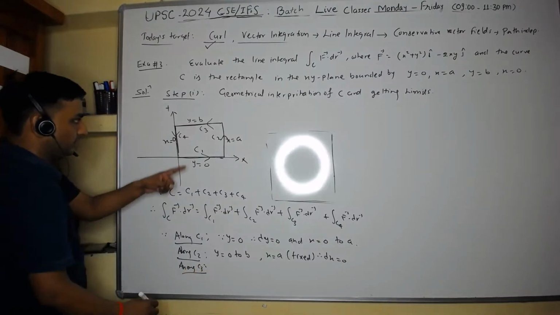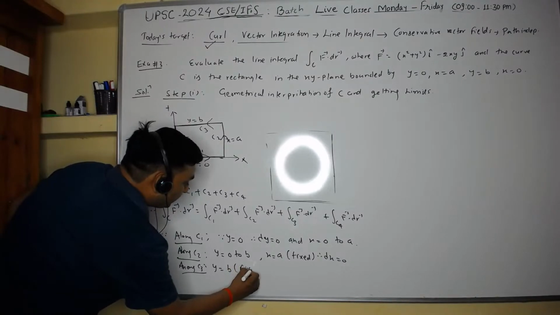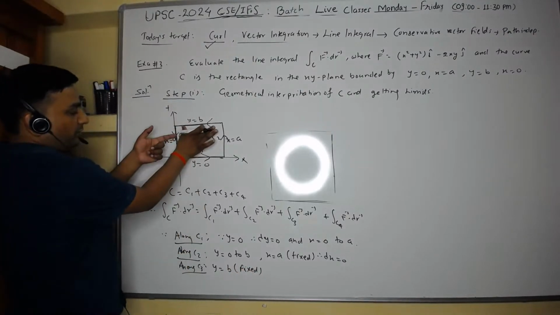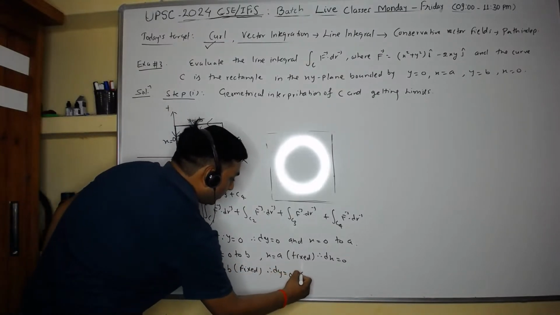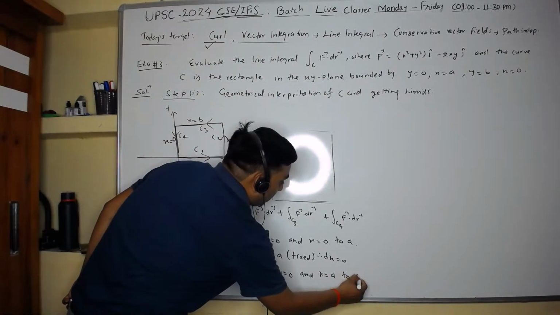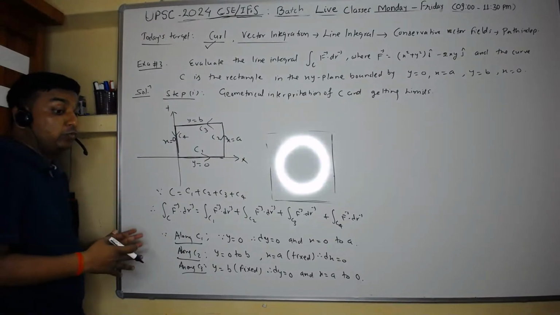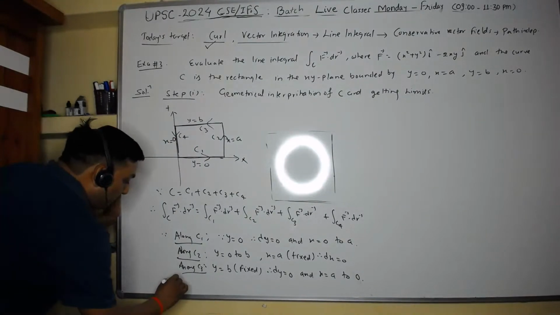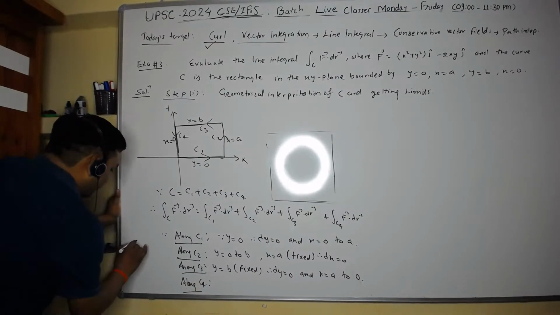Along C3, y is b fixed, and x is moving from a to 0. Please don't commit mistakes here, otherwise the sign of the integration will change and the value will be changed. I am repeating again and again, the rest is up to you.